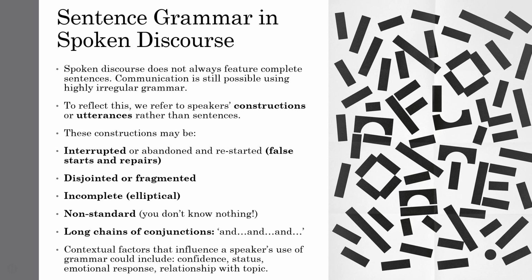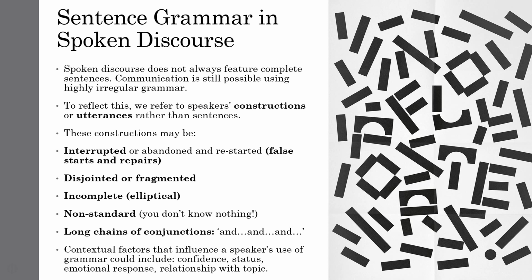Incomplete sentences: we often use ellipsis, i.e. incomplete utterances or incomplete constructions in spoken language, and often we don't need to complete our construction in a grammatical sense in order to have conveyed meaning. And sometimes, of course, leaving a sentence incomplete can itself convey some kind of meaning. It could be highly suggestive.